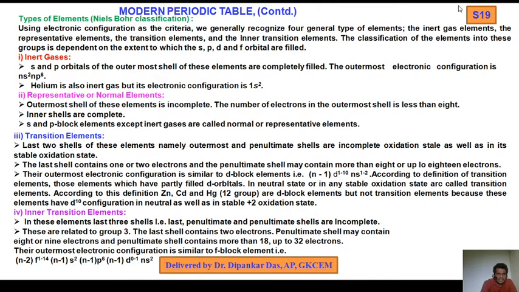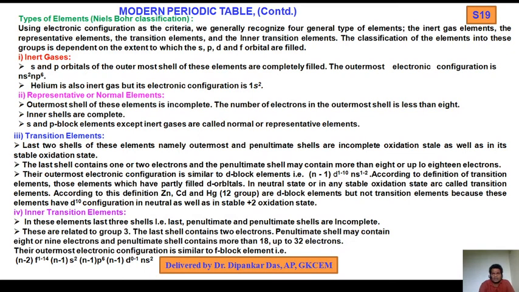Niels Bohr classification. Using electronic configuration as a criterion, we generally recognize four general types of elements. So we have seen in the modern periodic table four types of elements: representative elements, transition elements, inner transition elements, and also alkali and alkaline earth metals.